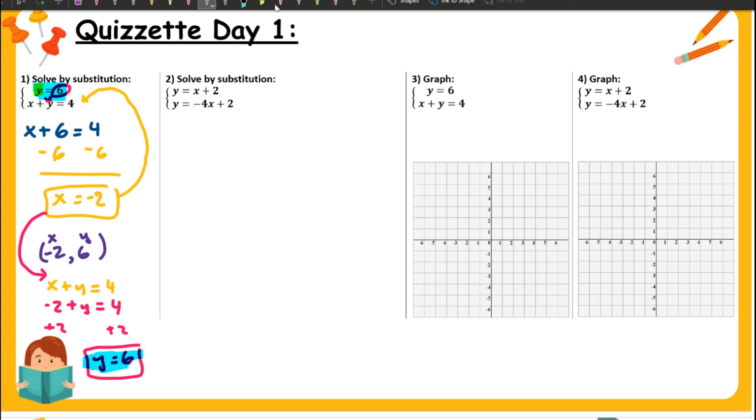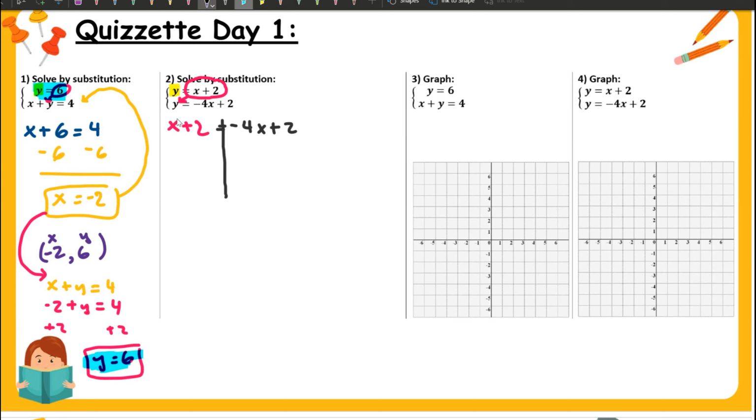Number 2, solve by substitution. So we have y equal to x plus 2 and y equal to -4x plus 2. The equation already has y isolated, y already by itself, so you're going to plug in x plus 2 in place of y. So x plus 2 equal to -4x plus 2. Then we solve for x.